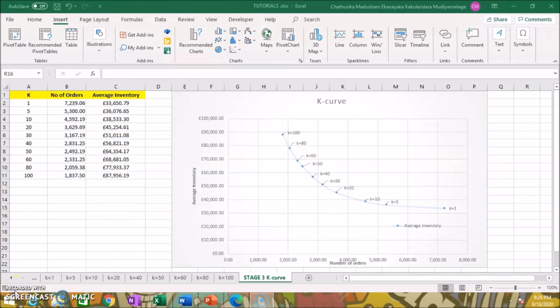So how can the K-curve be used in inventory planning? By looking at the K-curve, we can establish a cost-benefit analysis for decision making. For example, we can know the cost of increasing the capabilities and the benefit of inventory reduction. As I mentioned, when you reduce the inventory level, you have to increase the number of orders.